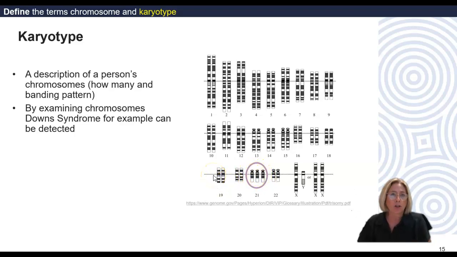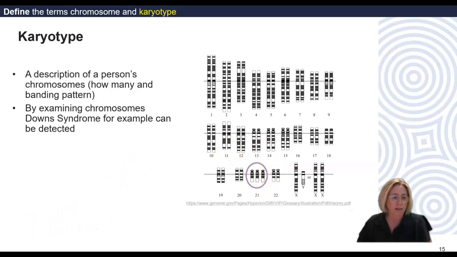Now, this can occur during an error in meiosis, where there is something called a non-disjunction event occurring, where one of the gametes then ends up with an extra chromosome, so that the fertilized egg then has 47 chromosomes instead of 46.